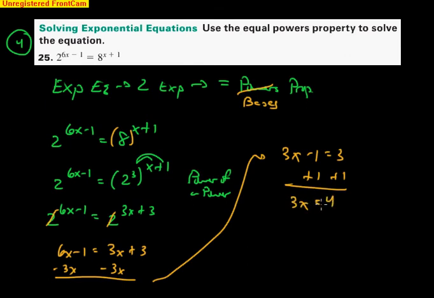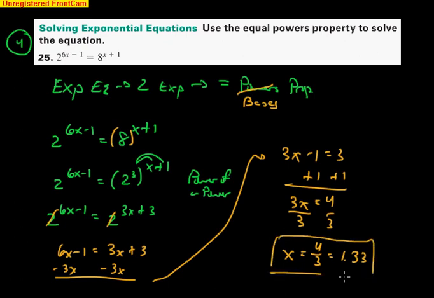That'll give me 3x equals 4, and I will divide by 3 on each side. And 4/3 is good, or you can round to 1.33, whatever. And that's the exponent I need to make these two sides of the equation equivalent. So remember, equal bases property, 2 exponents, find that common base.